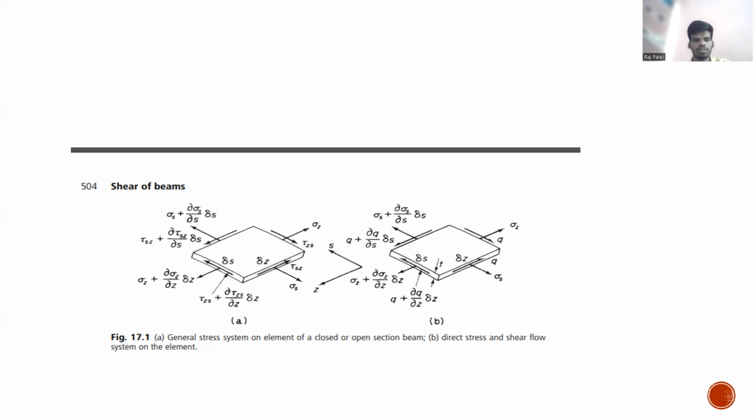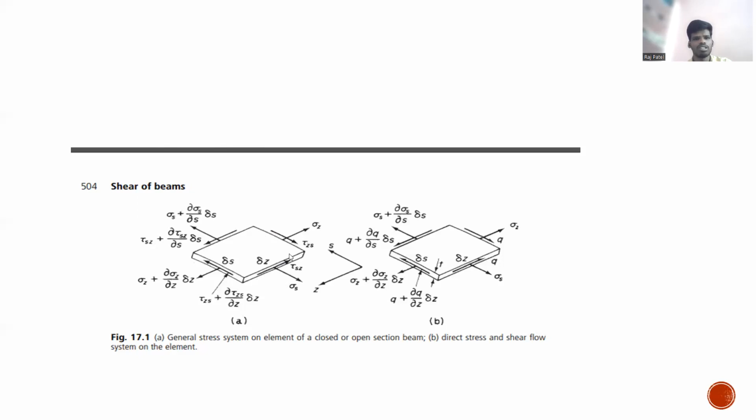Here my topic is about the measurement of shear flow in thin walled beams, how the shear flow is measured. So the shear stresses which are flowing through the beam are measured. For that, I have considered shear flow in beams which have x-axis, y-axis, and z-axis.